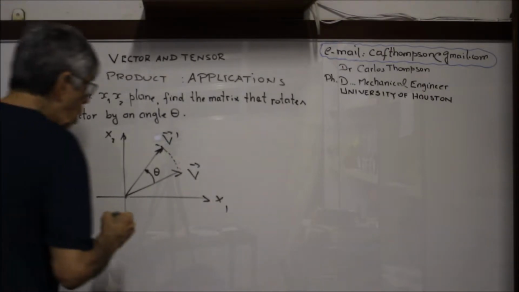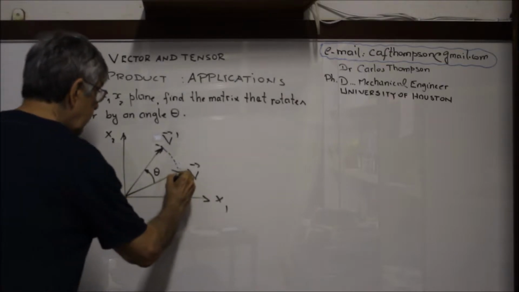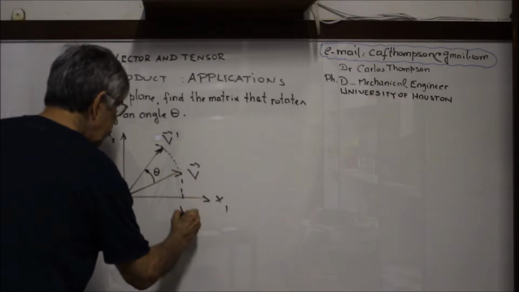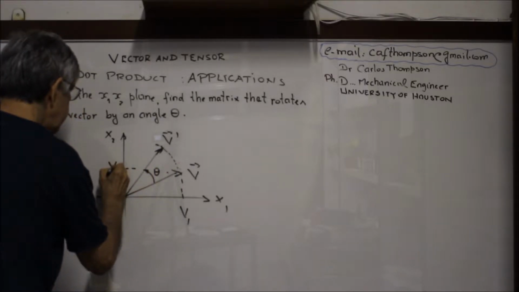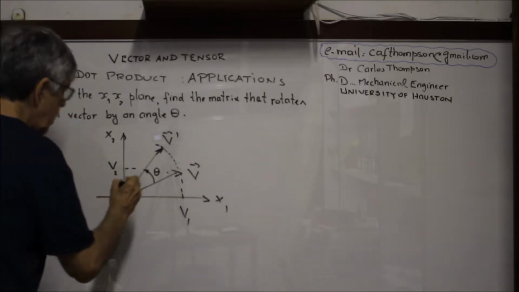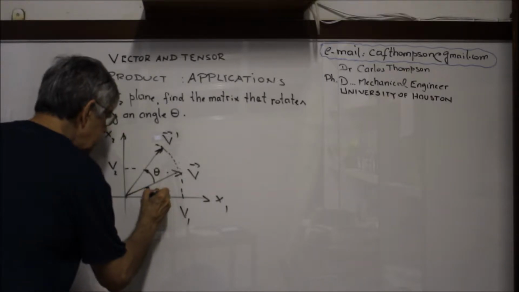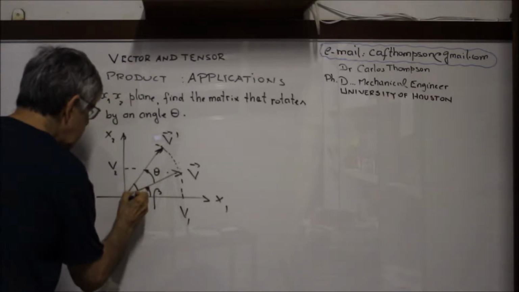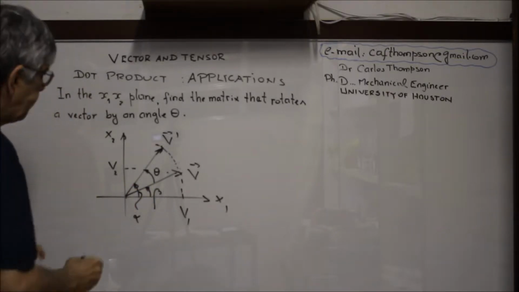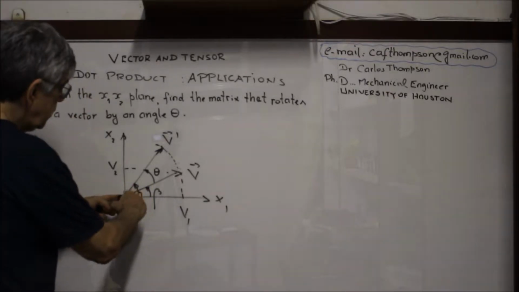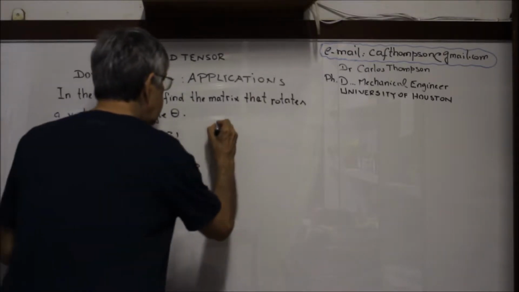Now, I'll break down the components of v. This will be v1 and this v2. This angle here is beta and this angle is alpha. Now, v1 is v cosine of beta.